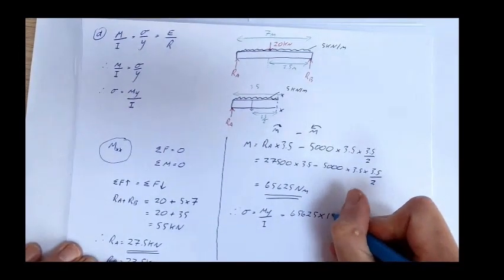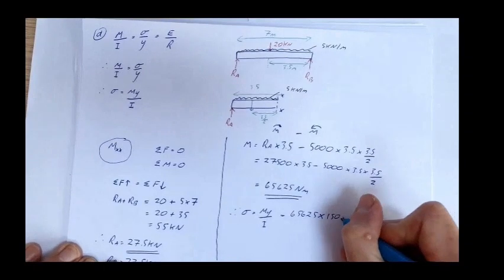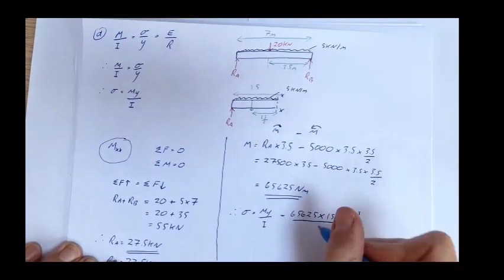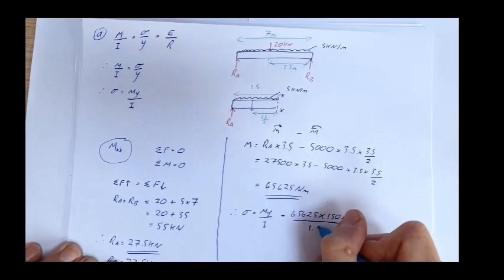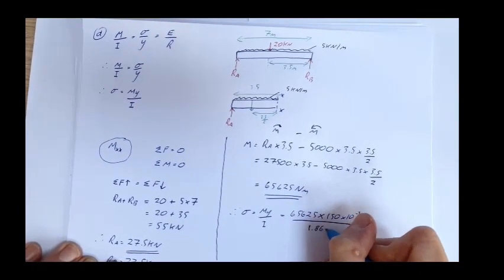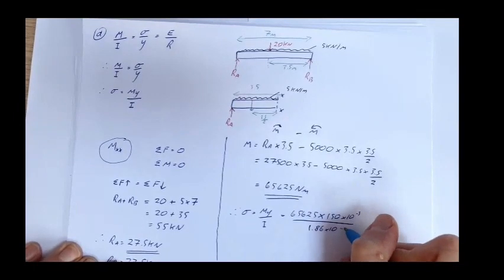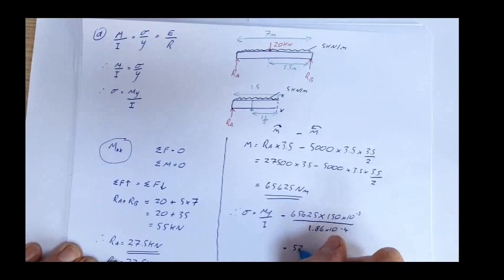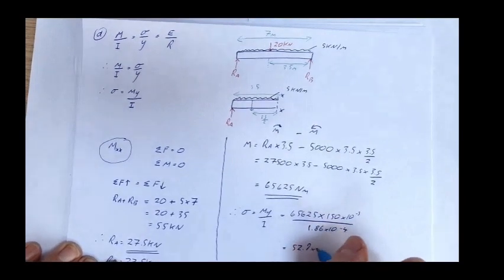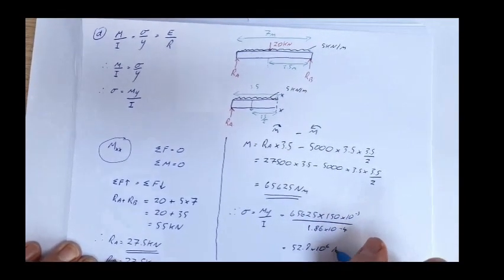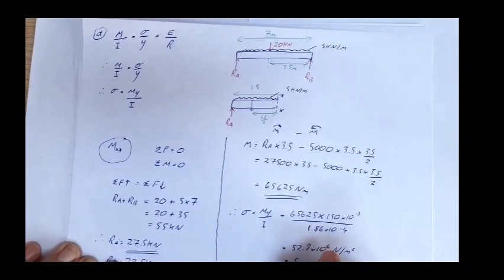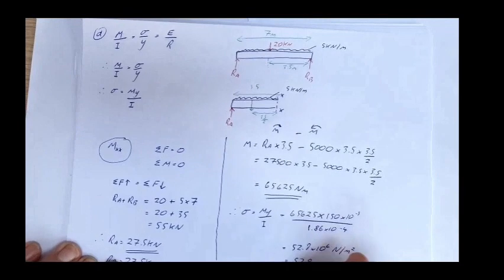So times 150 times 10 to the minus 3 over I, which we've got in part A and part B, 1.86 times 10 to the minus 4, which is 52.9 times 10 to the 6 newtons per meter squared, or 52.9 megapascals.